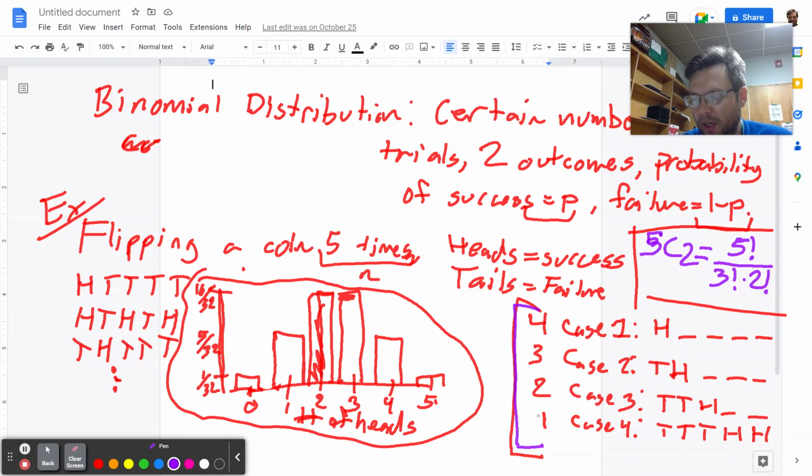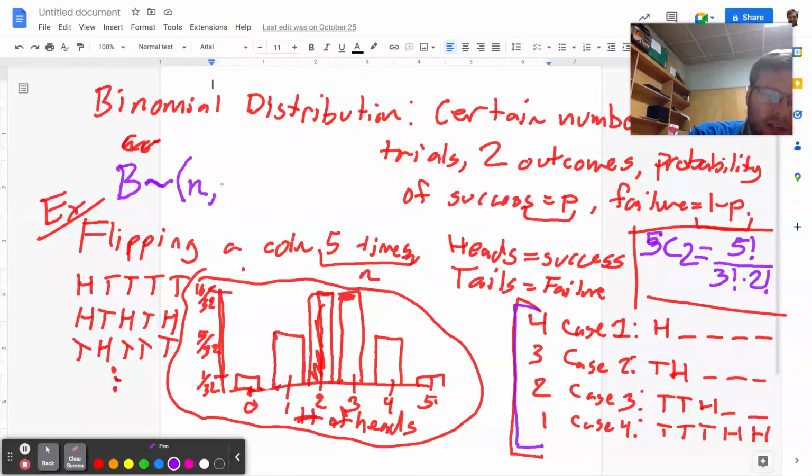So when you're working on problems, what you're going to do is use your binomial distribution. The way that it'll be written is it'll use this little similarity squiggle, and it'll have the number of trials, and it'll have a certain probability. And what you can do is write for whatever number you care about.